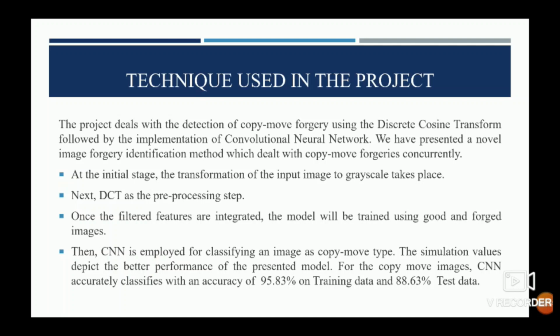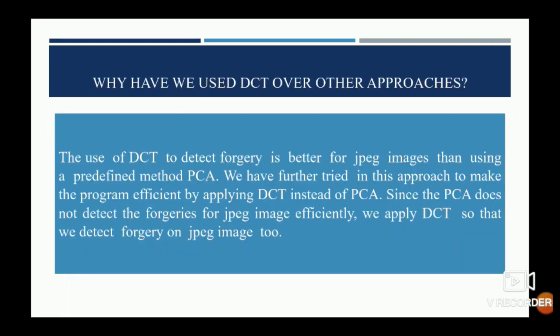Once the filtered images are integrated, we train using good and forged images, and then the simulation values depict better performance. For the copy move images, CNN classifies with an accuracy of 95.83% on training data and 88.63% on test data.